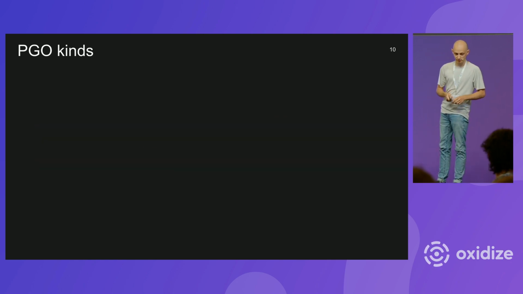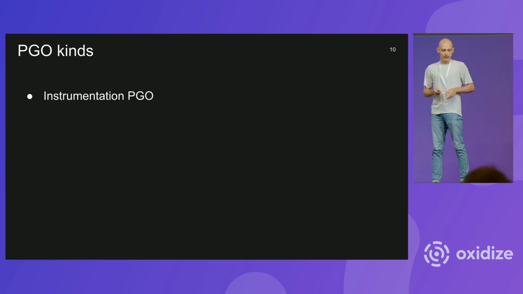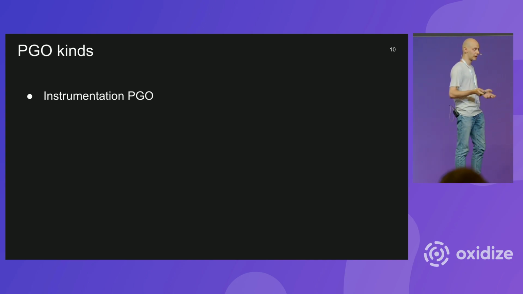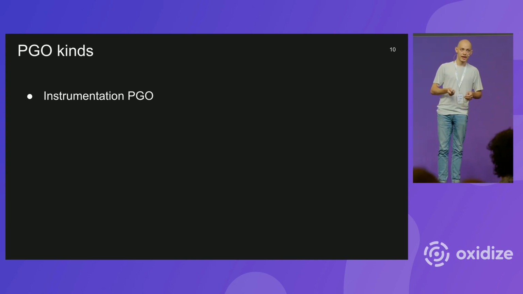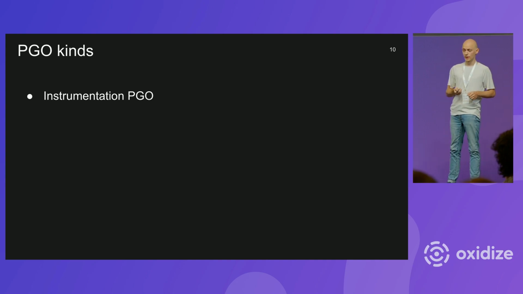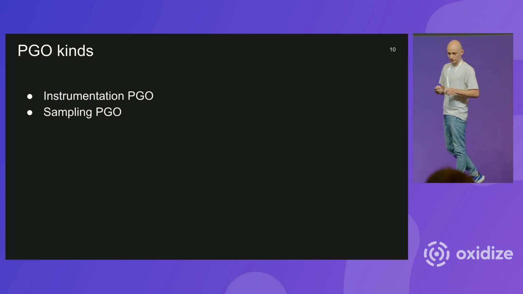And that's it. Actually, there are different kinds of PGO. The most common one is instrumentation PGO. It's a default one. It's available in many compilers. And if someone decides to implement a PGO, they probably will start from instrumentation. Sampling PGO is another approach. We will talk about all of them a bit later.